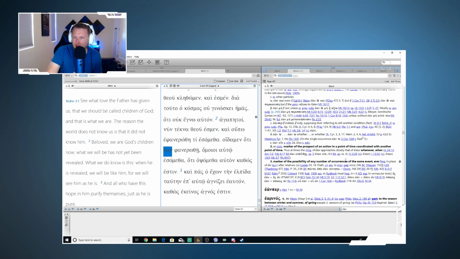Yeah, it doesn't make sense. Marker of the prospect of an action in a point of time coordinated with another point of time. Yeah, I think that's going to be the best translation here, is when he will be, or when he is revealed.